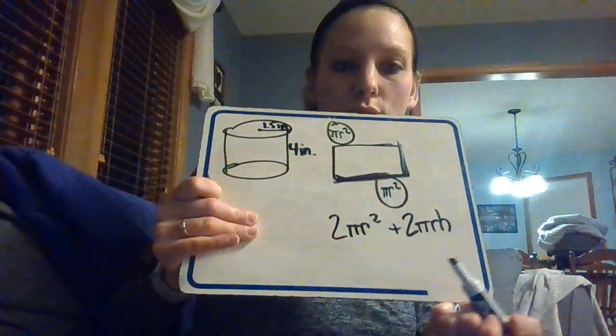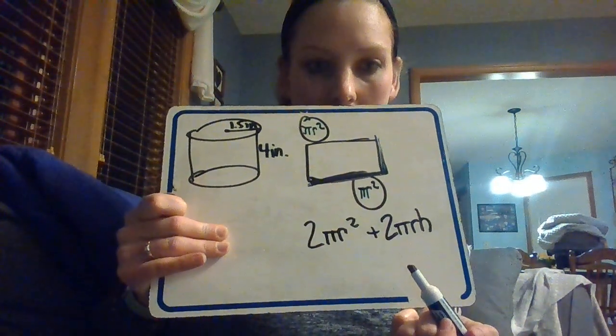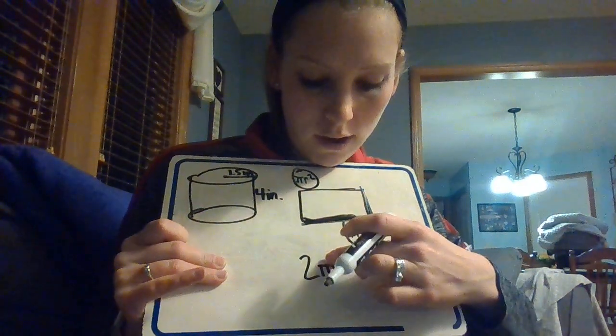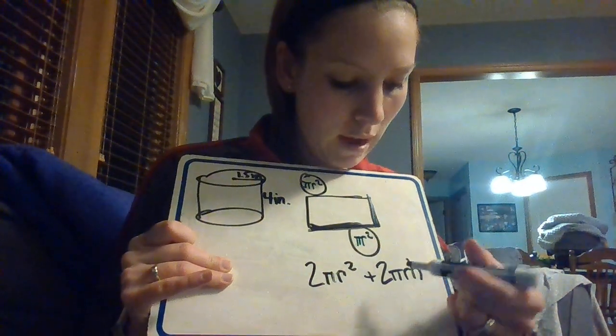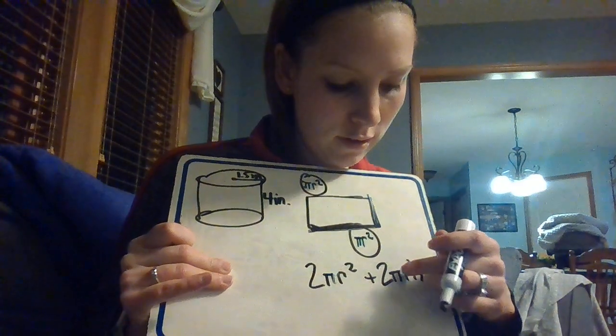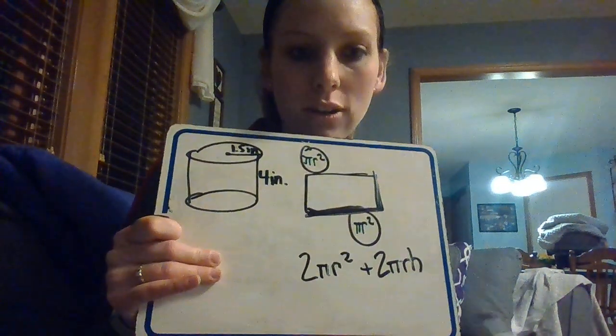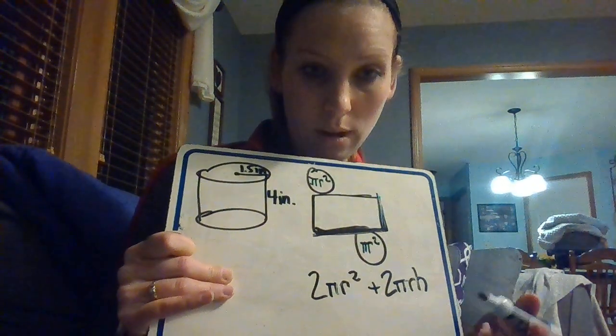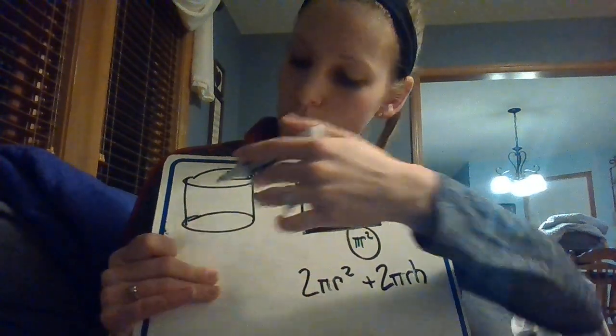And so that is the formula for a cylinder: 2 pi r squared plus 2 pi r h. And I will give that to you on a test, quiz, or exit slip, but I just wanted you to understand where it's coming from. And so from here, I can plug in my values.